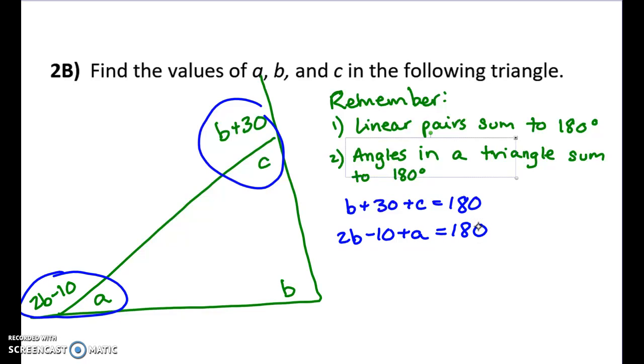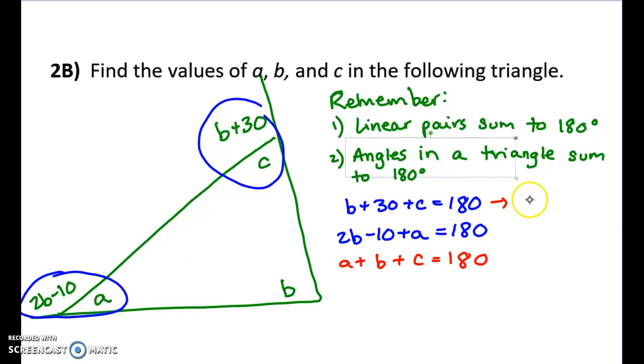degrees. And my second piece of information, the angles in a triangle must sum to 180. That means A plus B plus C must add to 180. Well, that gives me 3 equations for 3 variables, so let's take a look. I'm going to rewrite these 2 equations here so that they can match up with this third one better.